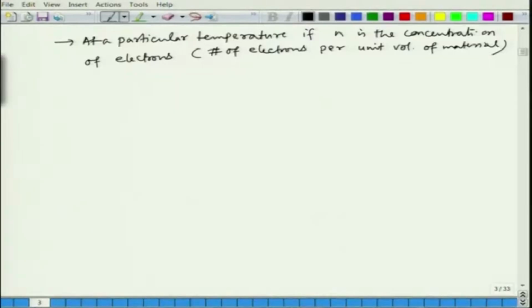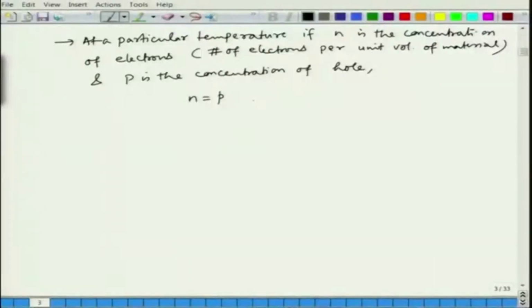So, if N is the concentration of electrons and P is the concentration of holes, then what can we write? N will be equal to P, right, because electron and hole will always exist along with each other.